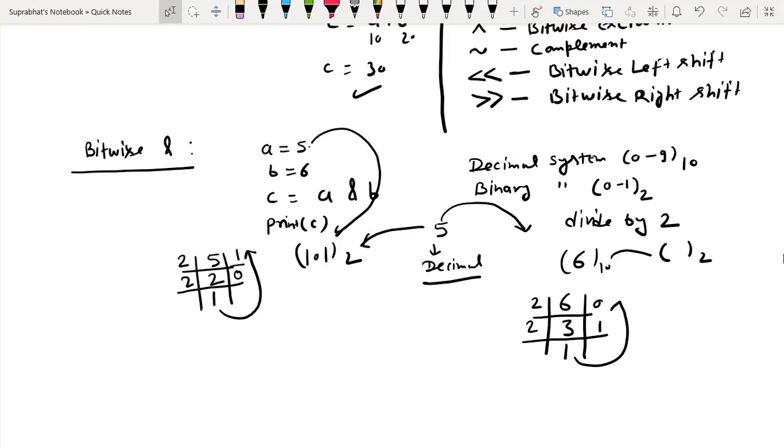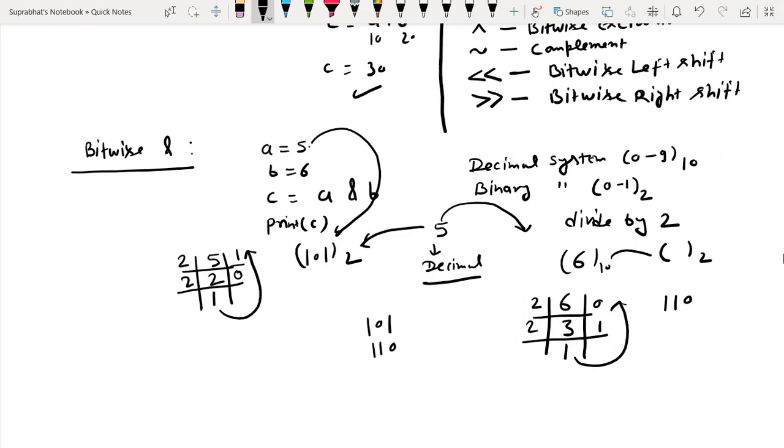Now taking bottom to top, it will come 1 1 0. So now what is the binary of A? Binary of A is 101, and binary of B is 110.